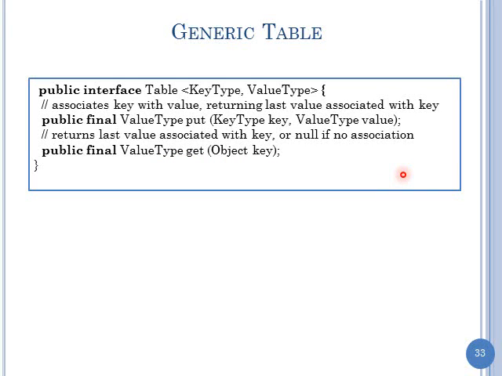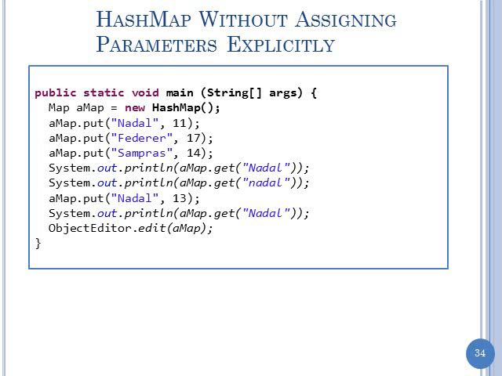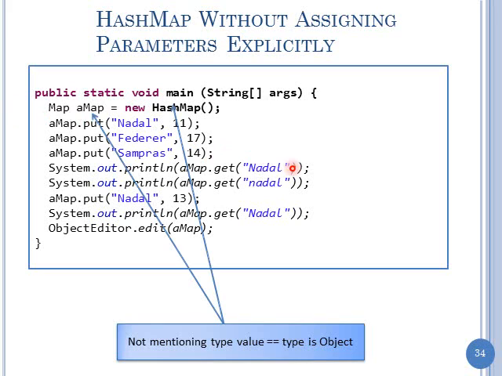And this is the kind of interface I want you to implement in your next assignment. You know enough to do it now in your current assignment. In fact, I showed you an example of map and hash map earlier, where we put some names and the number of tournaments they had won, the Grand Slams. And here I was not being very safe. If you ever type this in, Eclipse was going to scream at you, because somebody took all the effort to declare generic types, and you're not even using them.